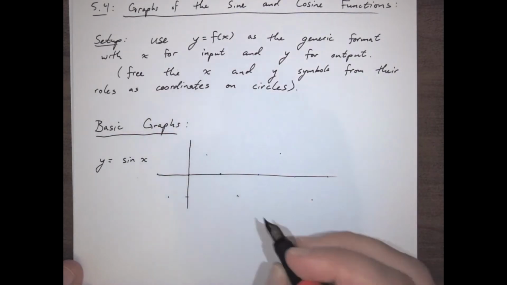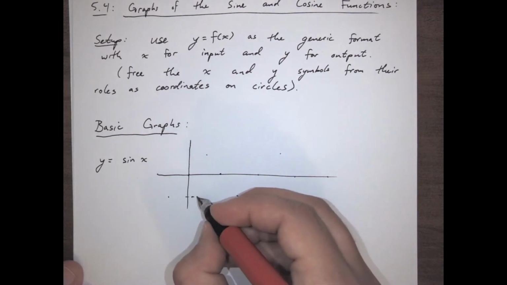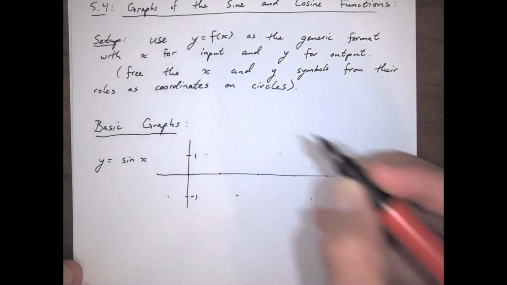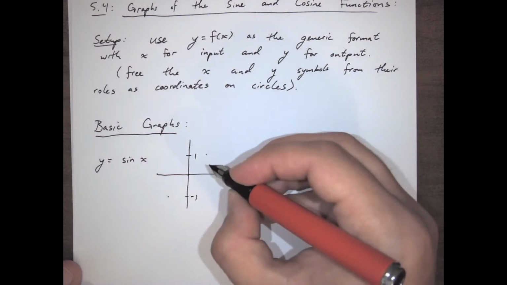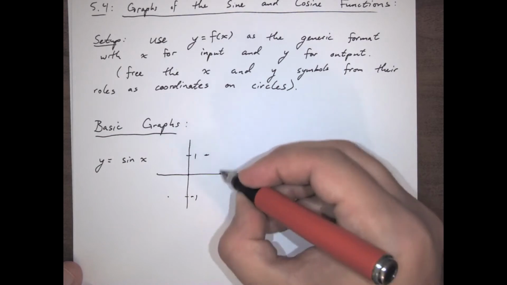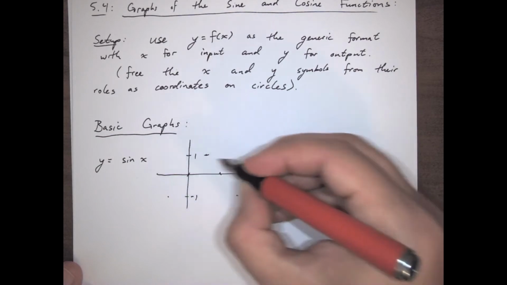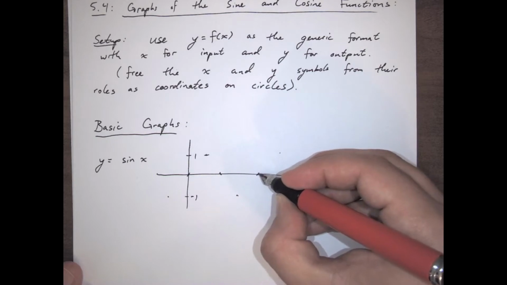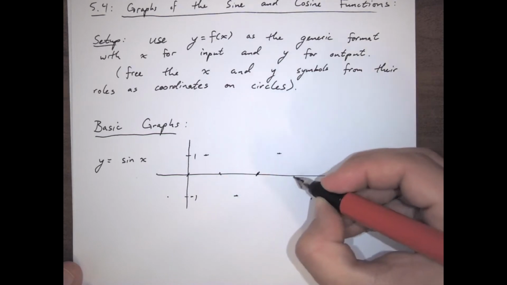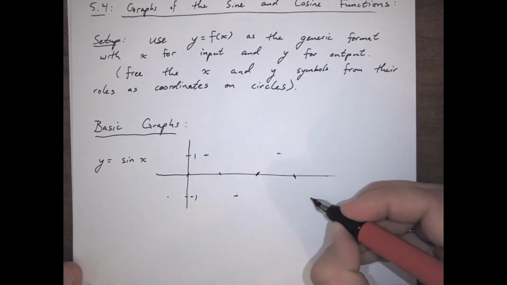And the important thing to note is that the highest and lowest values that this graph will ever achieve will be 1 and -1 for their vertical coordinates. And then as far as the way the graph is actually going to look, it's very smooth because we are talking about the motion of a thing in circular motion.